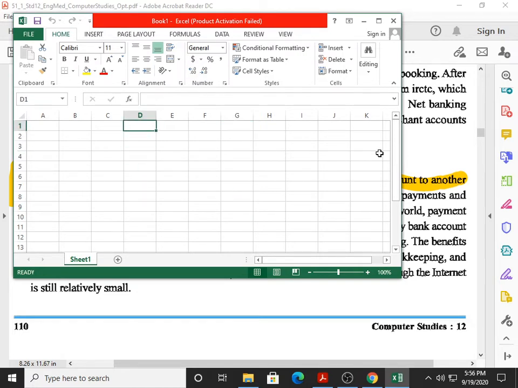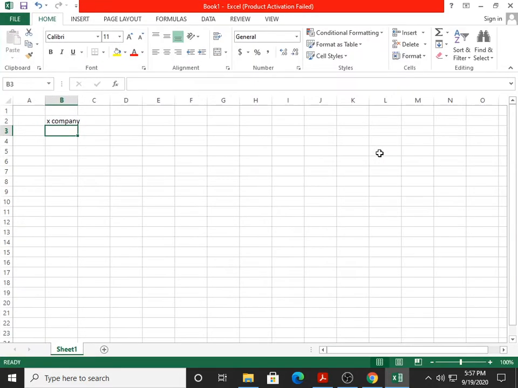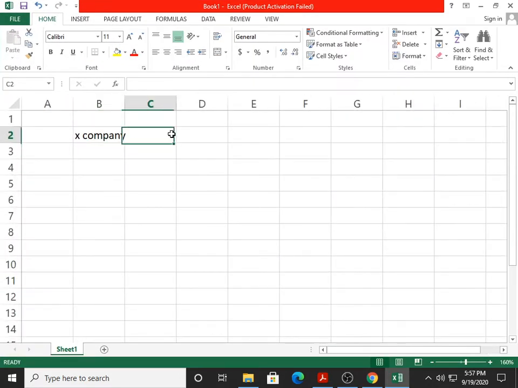For example, we have, say, one company, whose name is X company. Now, X company has, say, for example, 10,000 employees, and X company wants to pay salary to them. Then what is electronic fund transfer?